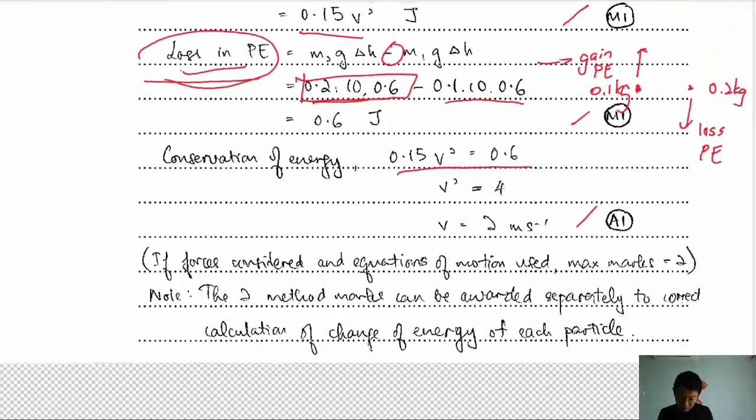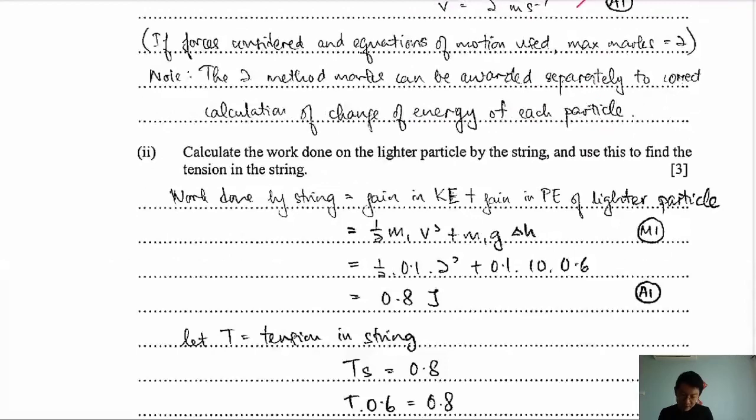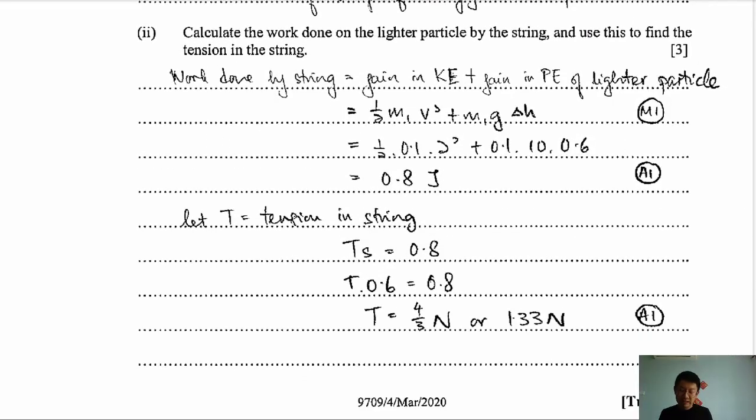Next: calculate the work done on the lighter particle by the string and use this to find the tension in the string. For this lighter particle, it has a gain in KE and also a gain in PE, because the 0.1 kg particle goes up by 0.6 meter.